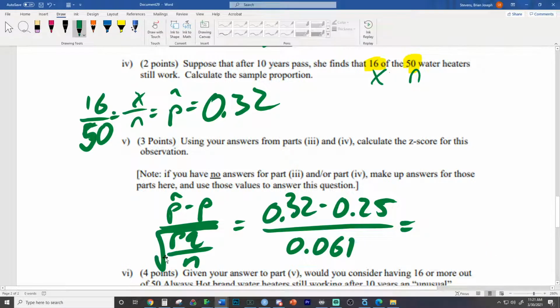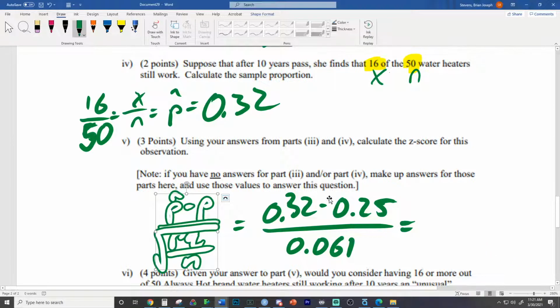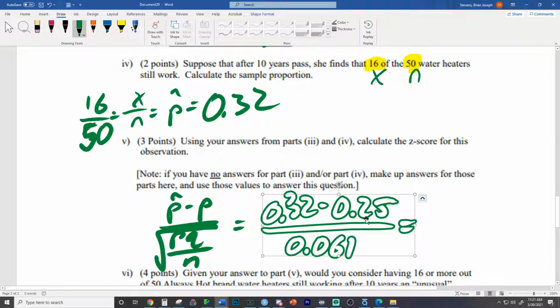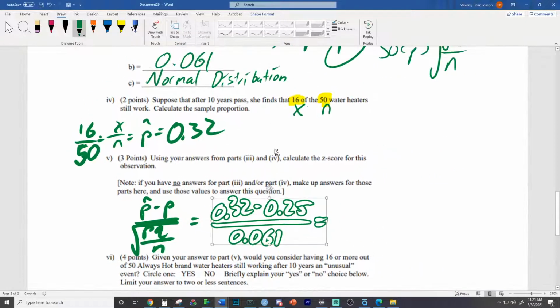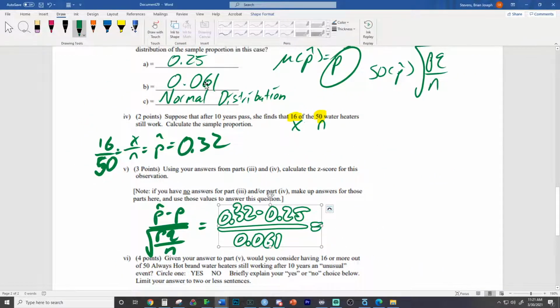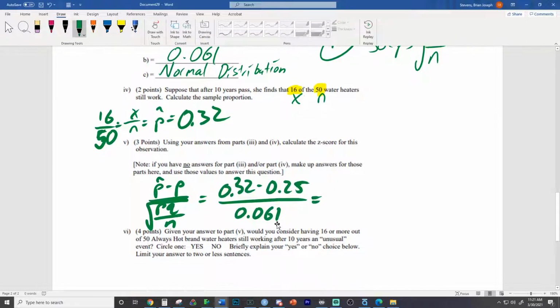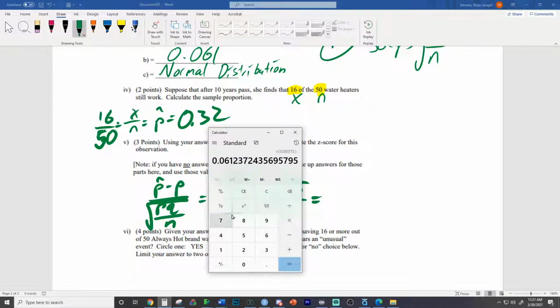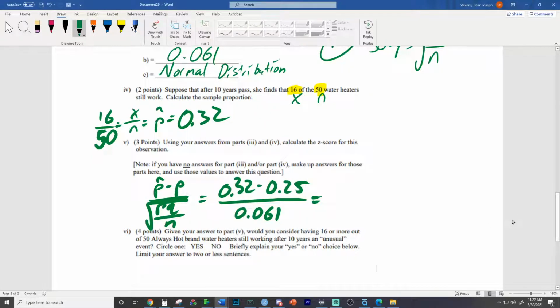This is the p hat we just calculated. This is the mean of the distribution, the 0.25. There it is right there. And the standard deviation is 0.061. We calculated it right here. So p hat minus p over that, and we get 1.14.